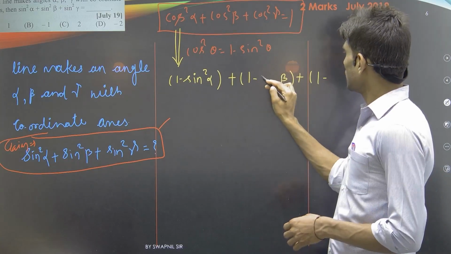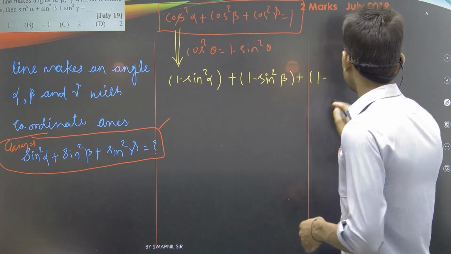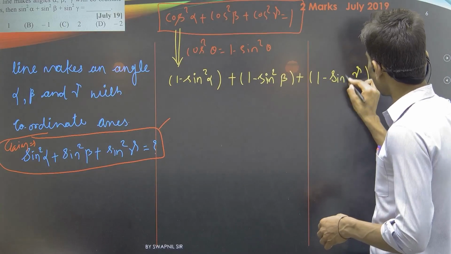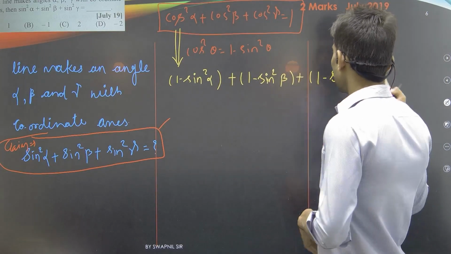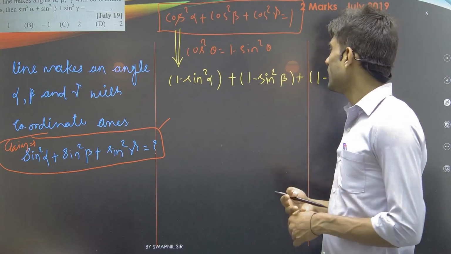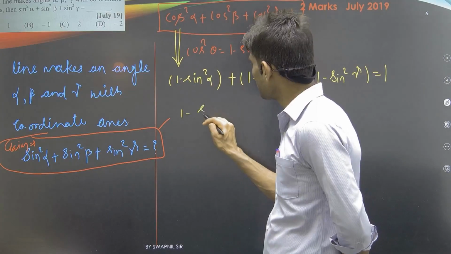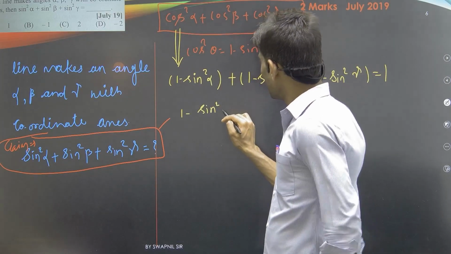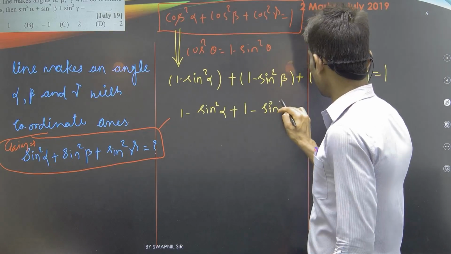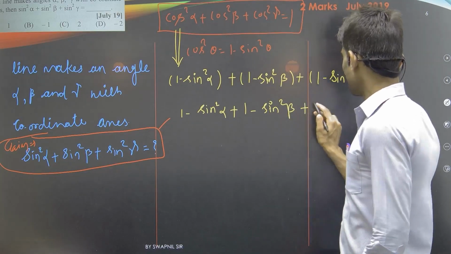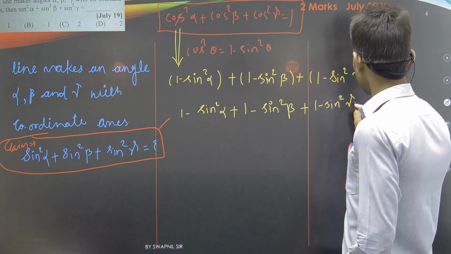Now take all the sin square terms together and the constant terms together. Expanding the bracket: 1 minus sin square alpha plus 1 minus sin square beta plus 1 minus sin square gamma is equal to 1.